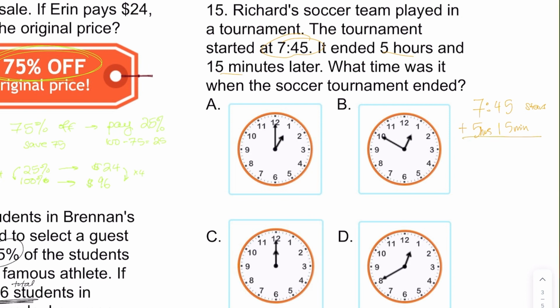You want to put minutes under the minutes. And when you add 45 plus 15, you get 60. And now 60 is important because you know that 1 hour is 60 minutes. So 60 is too much for the minute, so you have to carry that and add a 1 to the hour side. And then you do 7 plus 5 plus 1, you will get 13.